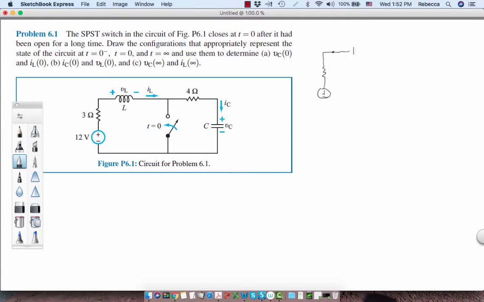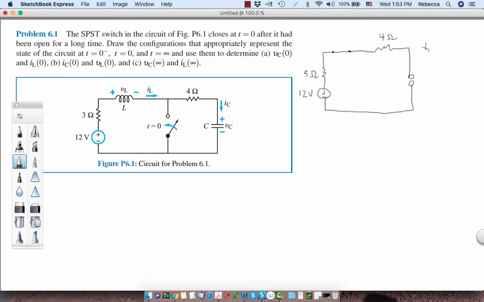Our inductor acts as a short circuit. That wire down the middle doesn't do anything. We have a 4 ohm resistor right here. Our capacitor acts as an open circuit. Okay, so at t equals 0 minus, there is no current anywhere.